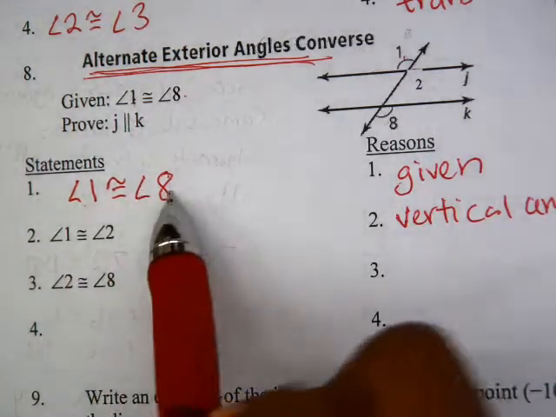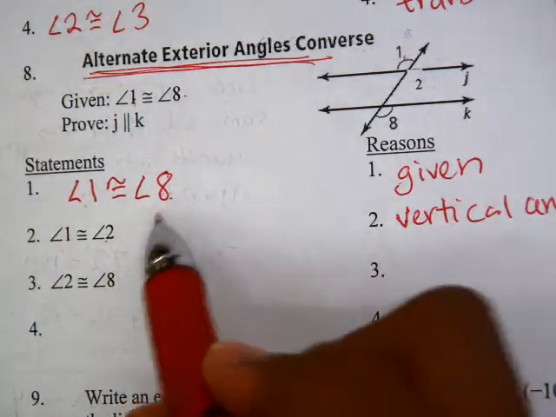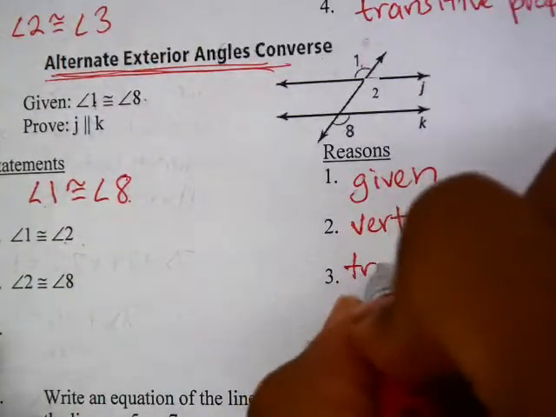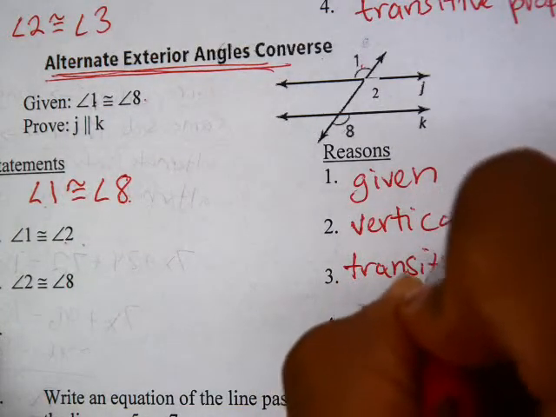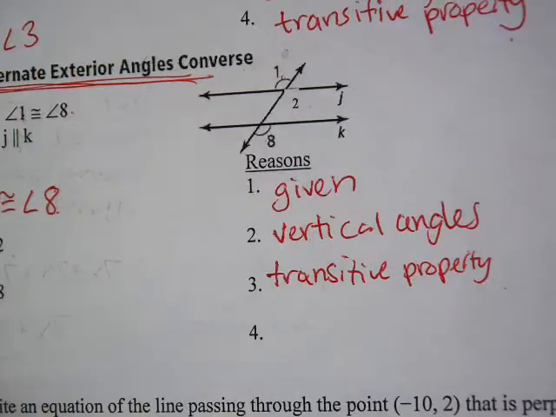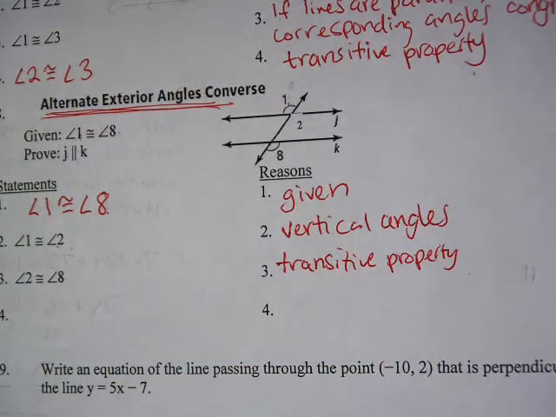So angle 1 is equal to angle 8. Angle 1 is also equal to angle 2. That means that angle 2 is equal to angle 8 by the transitive property. Since angles 2 and 8 are equal, and those are corresponding angles, and if I have corresponding angles equal, then I know my lines are parallel.